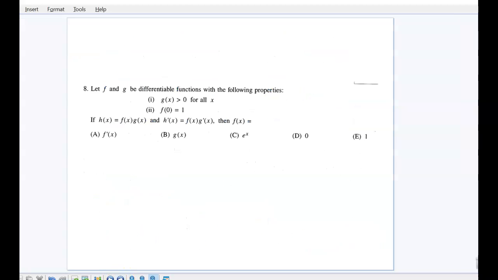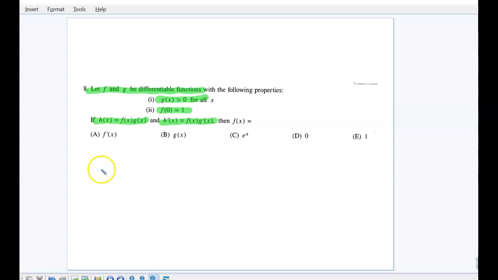Last example, we are looking at a multiple choice question from a previous AP exam. In this question, we are told that functions f and g are differentiable with the following properties. First of all, g of x is positive, f of 0 is equal to 1, and we are told that h of x is equal to the product of f and g, and we're told that h prime is equal to f of x times g prime.